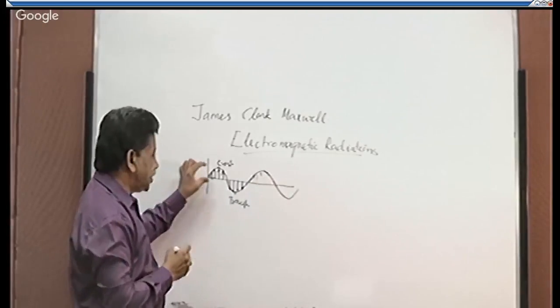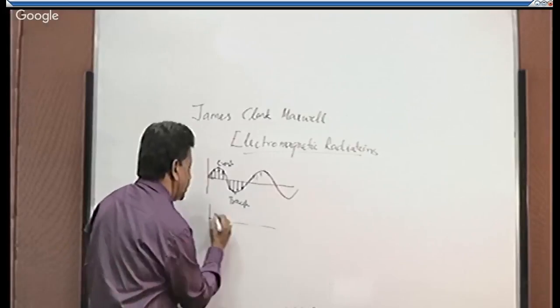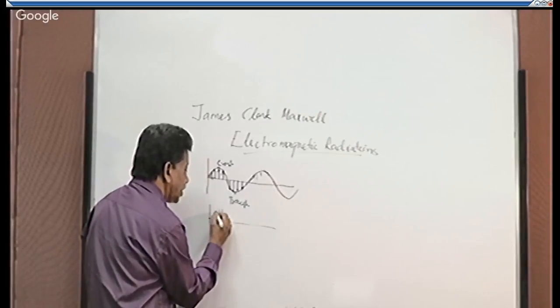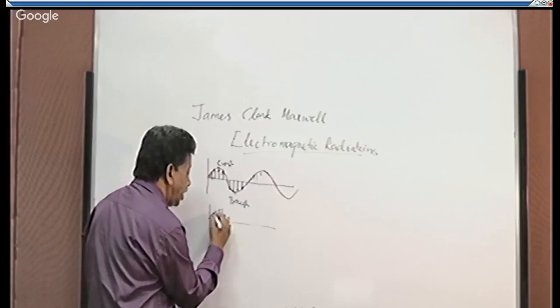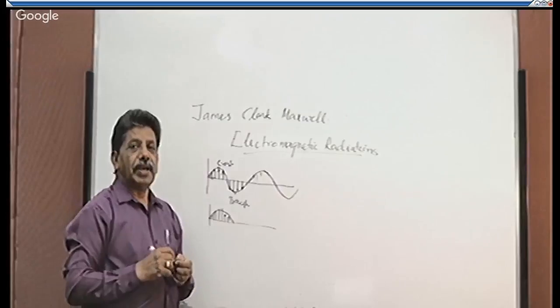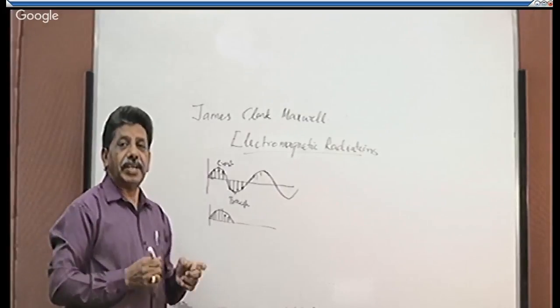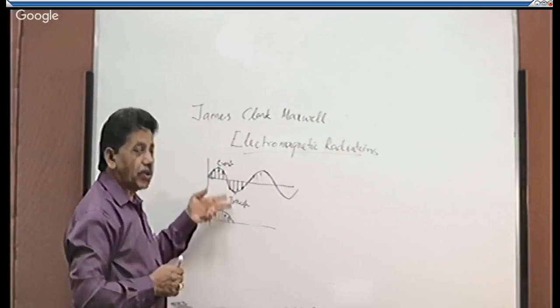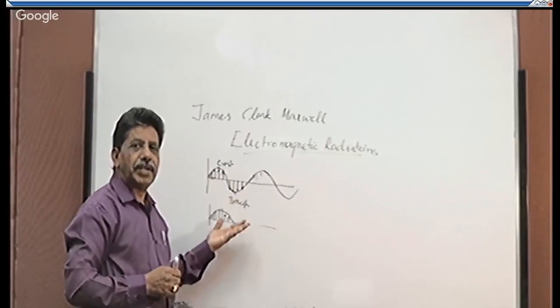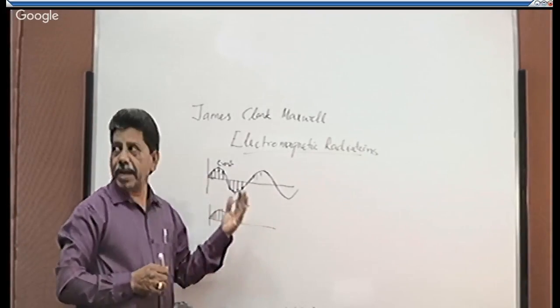If you simply think of only the arrowheads, if you have the profile of all this, we get a wave structure. In electromagnetic radiation, one should have two components. I've shown only one component. This may be either the electrical component or the magnetic component.